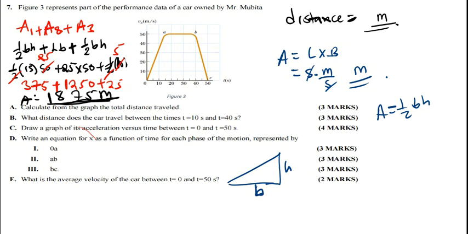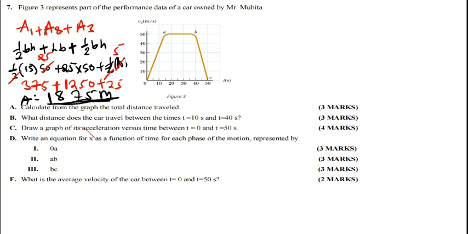There we go. This is what I'm going to do. We have got t when t was equal to 10 is here, and when t was equal to 40 is there.